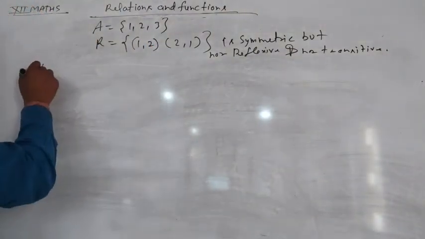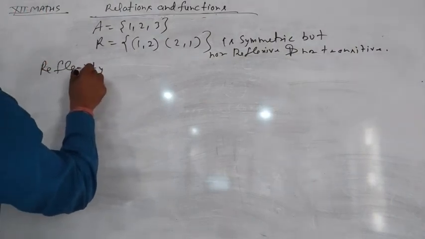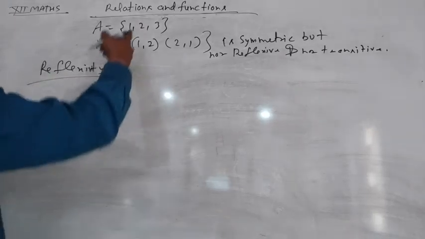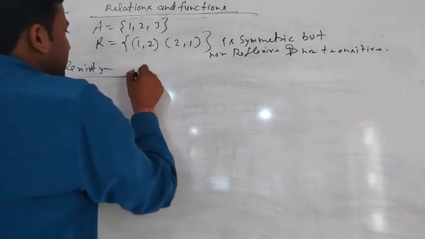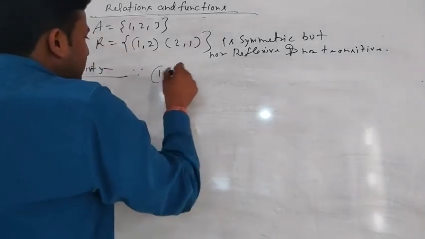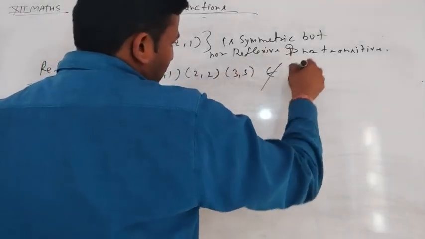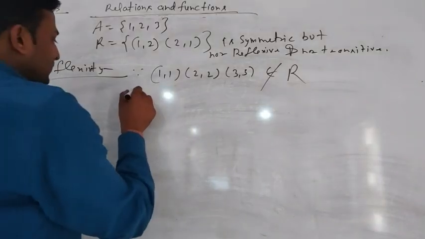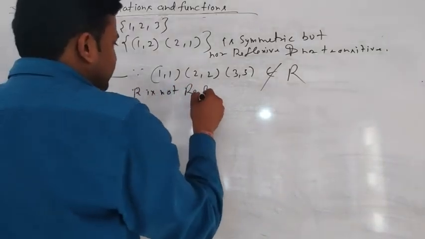Okay, so we prove first for reflexivity. Okay students, so in the set there are elements 1, 2, 3, but in the relation, (1, 1), (2, 2), (3, 3) do not belong to R. So we say that R is not reflexive.